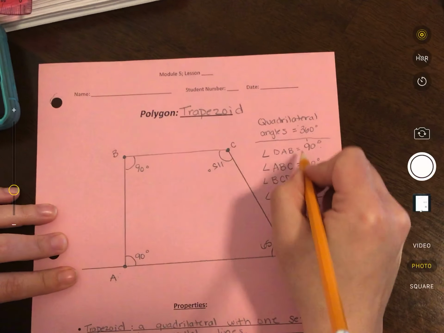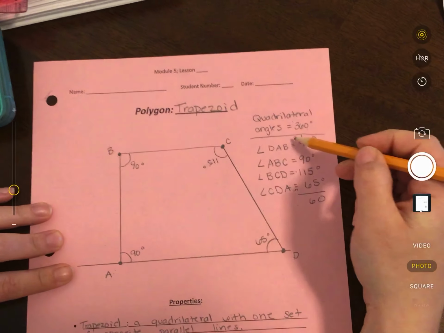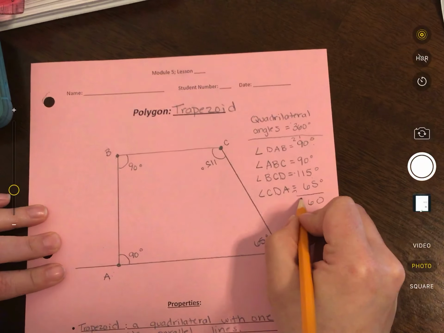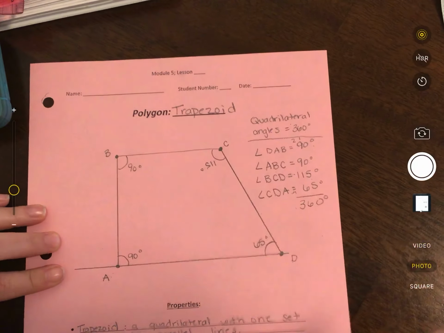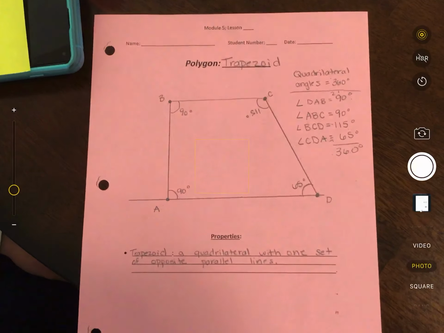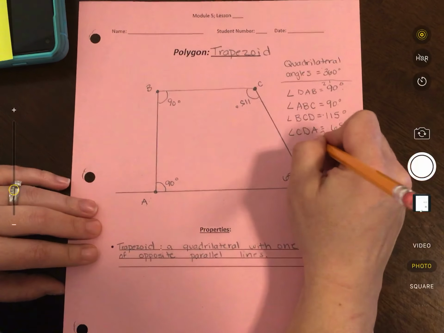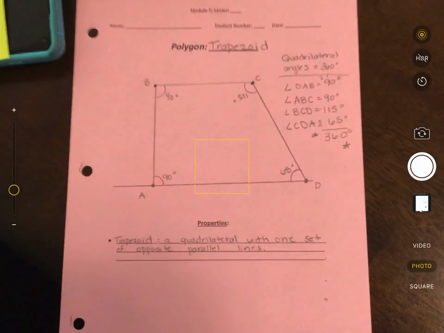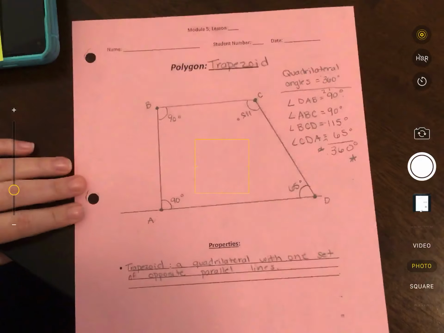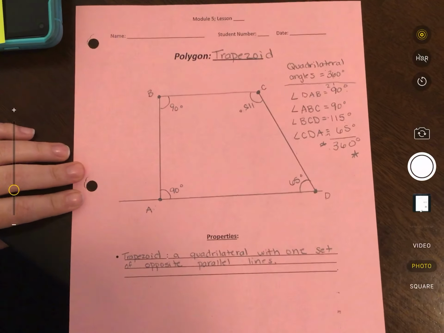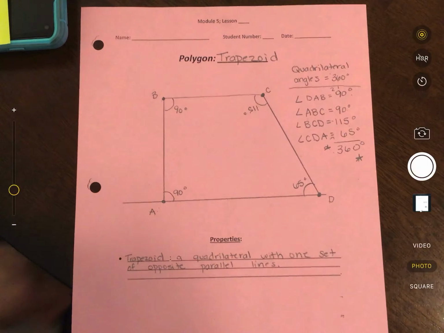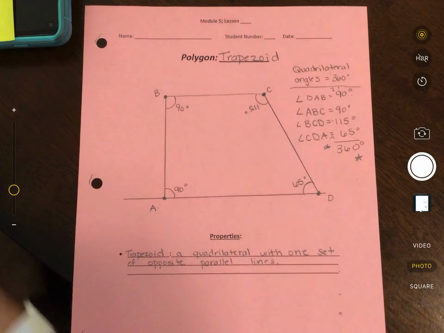And we'll carry our 2. And what is 2 plus 1? 3. And we ended up with 360 degrees. We're going to put stars here because we are correct. And that is how you draw a trapezoid using a protractor. Don't forget to look at your exit ticket.